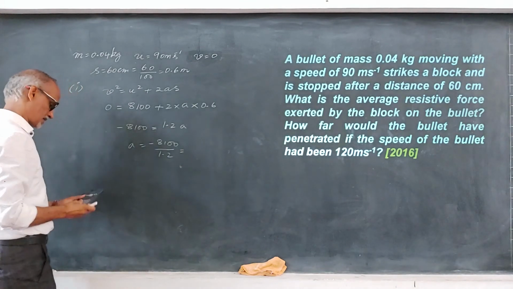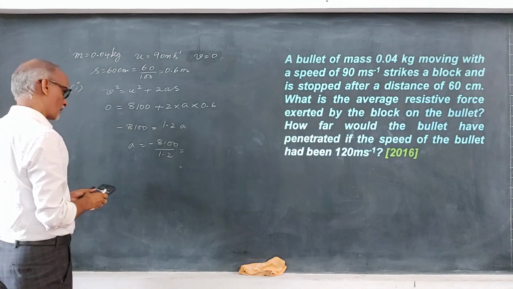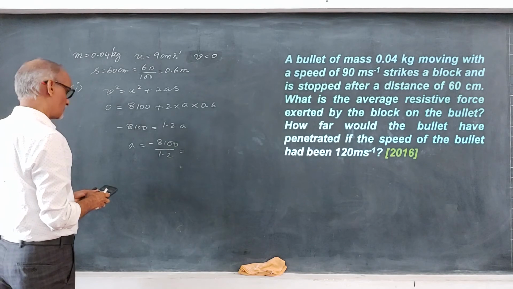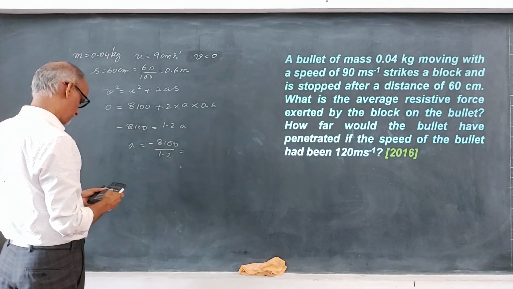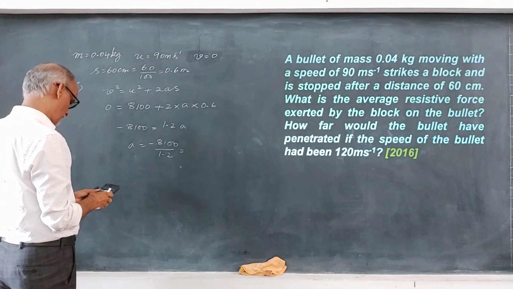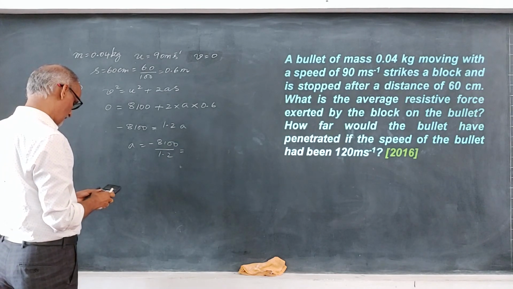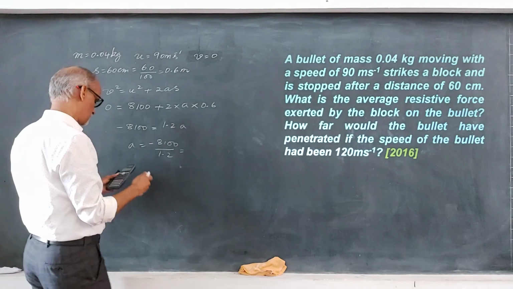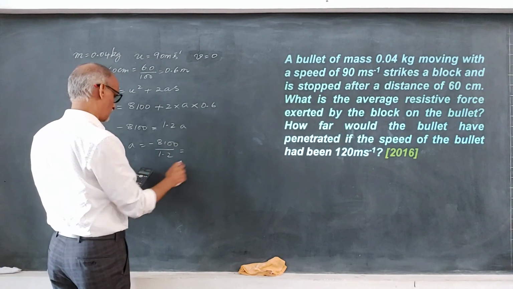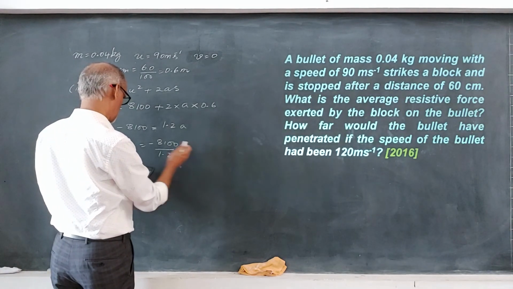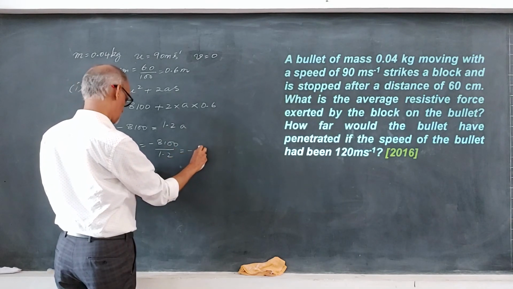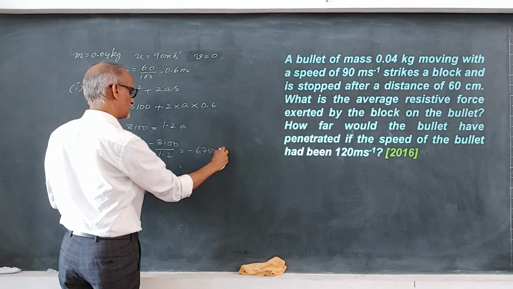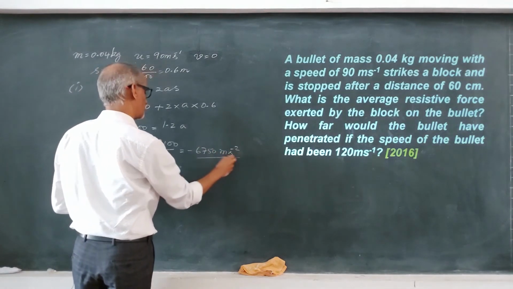So let us calculate this acceleration, which is 8100 divided by 1.2. That is minus 6750 meter per second square.